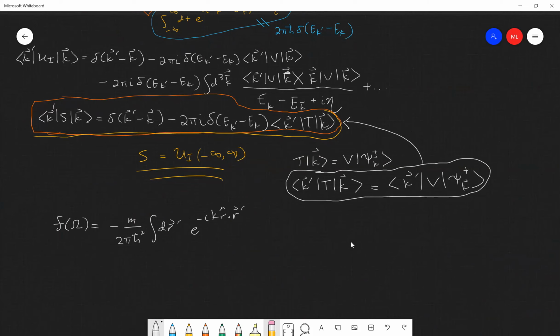This is something we derived, I think, last class. And in the Born approximation, we would have put just a plane wave here, e to the i k r, but generally it's the full scattering solution. This part, remember, comes from G plus far away.